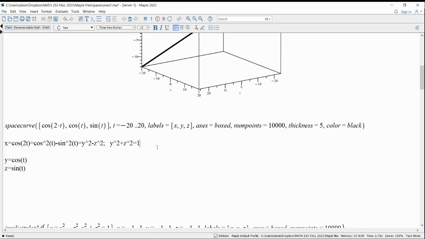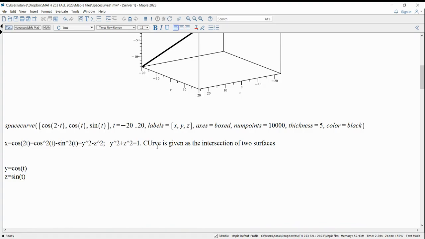So in this case, basically the curve is given as the intersection of two surfaces. One of them is x equals y squared minus z squared, which is actually a hyperbolic paraboloid along the x-axis.